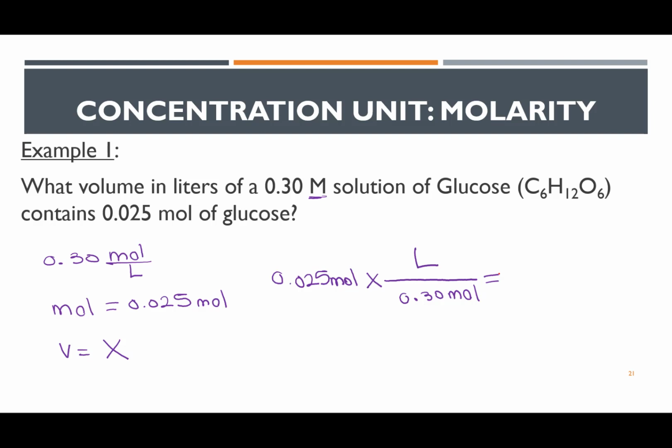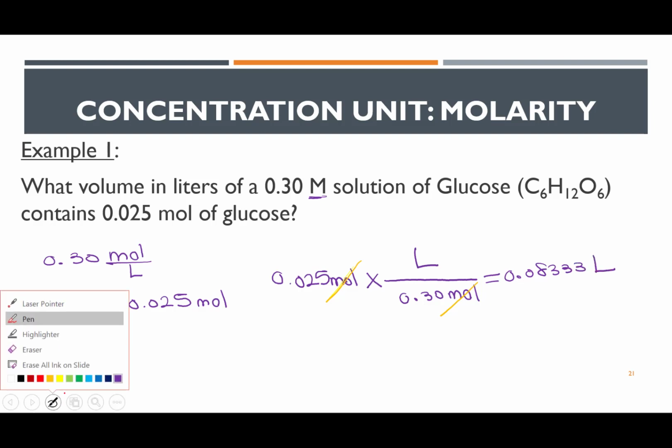As you could see here, the moles gonna cancel out and what you will end up with is liter. We are not multiplying 0.025 by 0.30. We are dividing. Okay, then 0.025 divided by 0.30 will be 0.08333 liter.